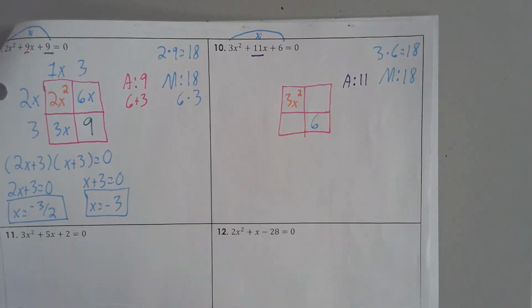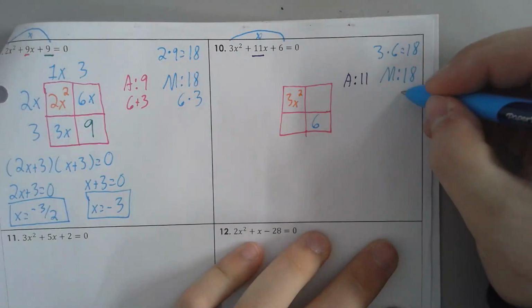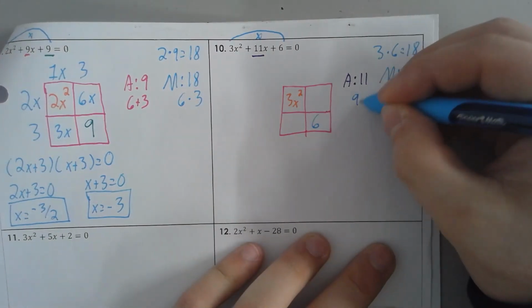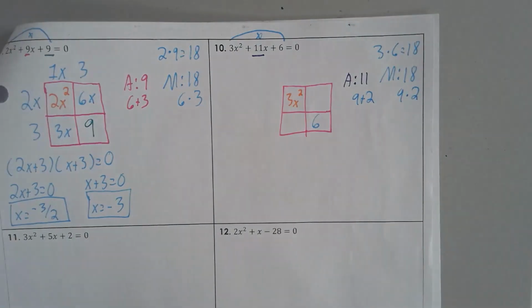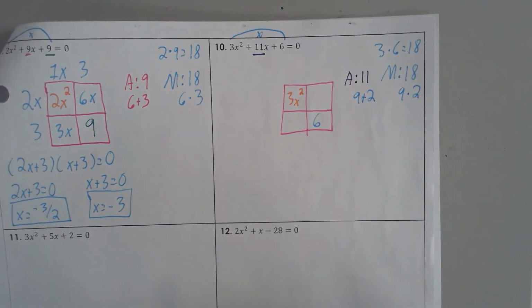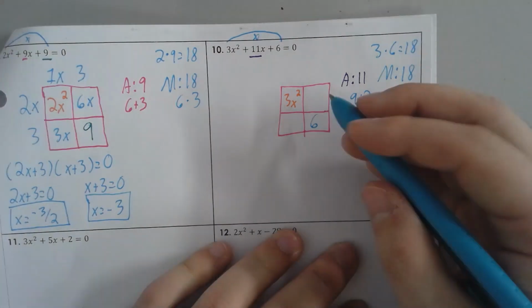What numbers multiply to be 18? Last problem we used 6 and 3. Doesn't look like that's going to work on this one. 9 and 2. They multiply to be 18 and add to be 11. Alright. So which one do I put where?